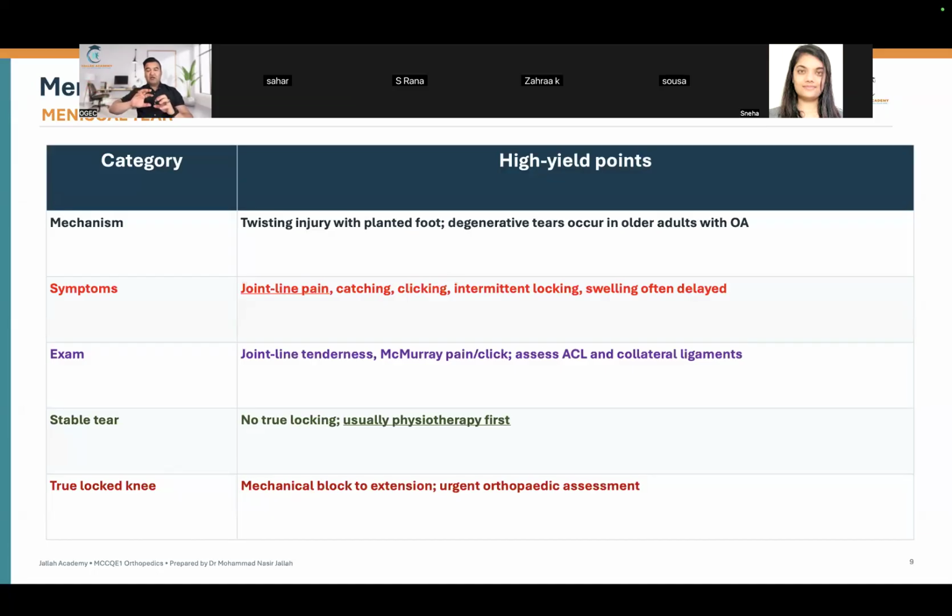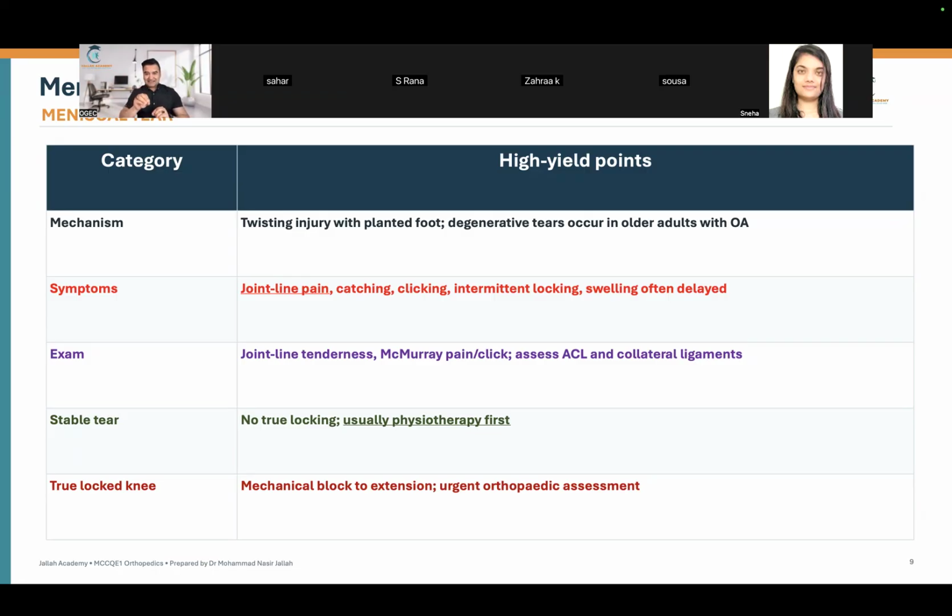That's why I mentioned before that if you have a meniscal tear or damage, always see if it happened due to trauma or due to degeneration secondary to osteoarthritis, because it is strongly associated with osteoarthritis.